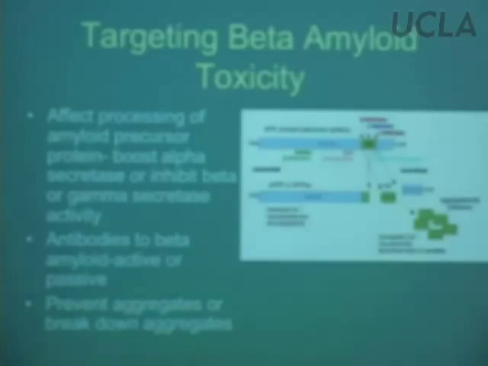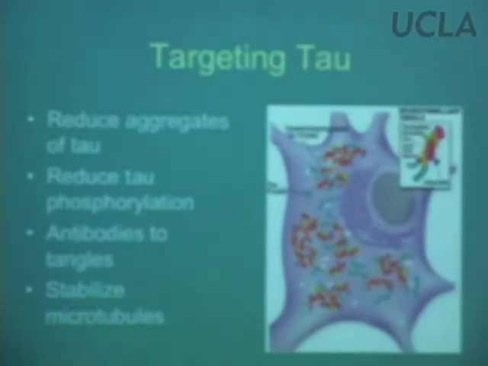Or some kind of compounds that could prevent or break down aggregates. So yeah, allow these fragments to form, but somehow use compounds that will break them up. Okay, so those are kind of the treatment approaches that are really being studied in a lot of detail now.